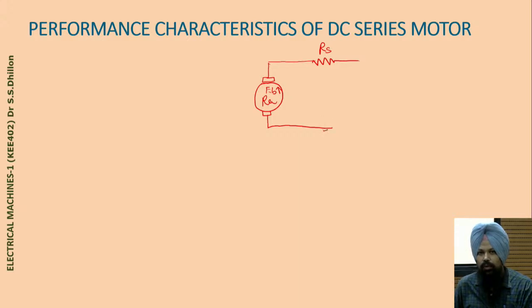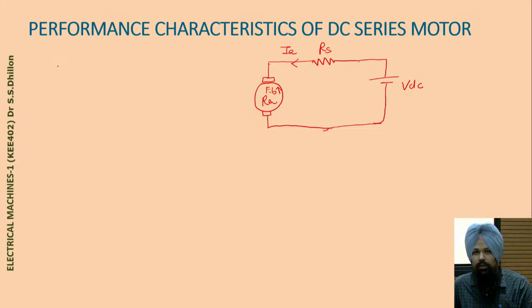That is the self-regulating element in the DC motor, whether it is series, shunt or separately excited. Now you can see this is the VDC, and this is the current flowing through, IA. As the name suggests, it is a DC series motor.